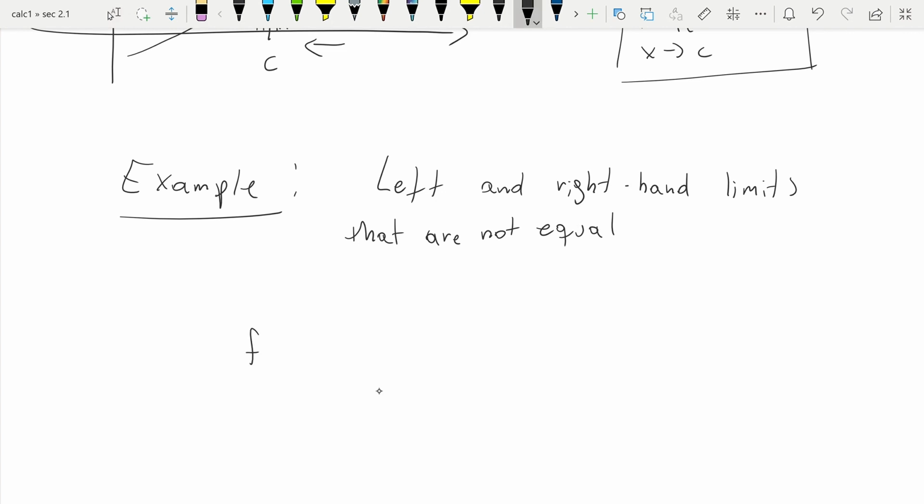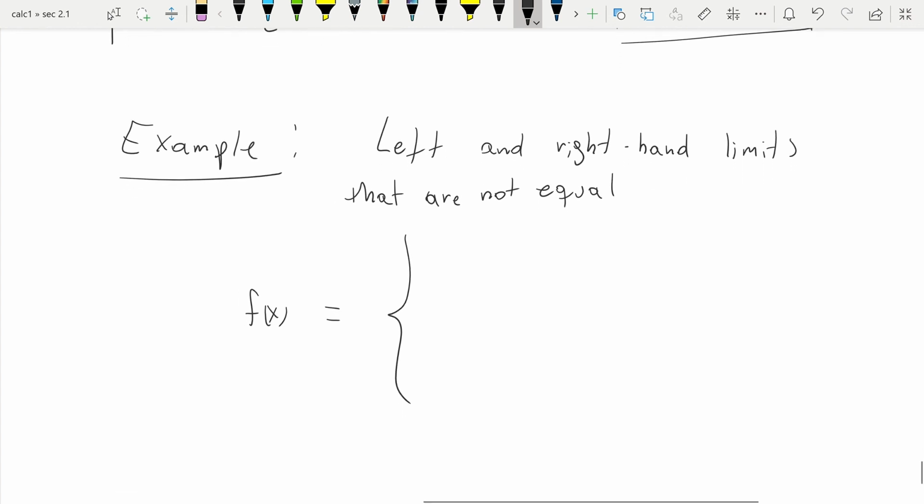I mean, this is completely equivalent to the example given in the book involving the absolute value function, but this way of presenting this function will play a role in subsequent sections.